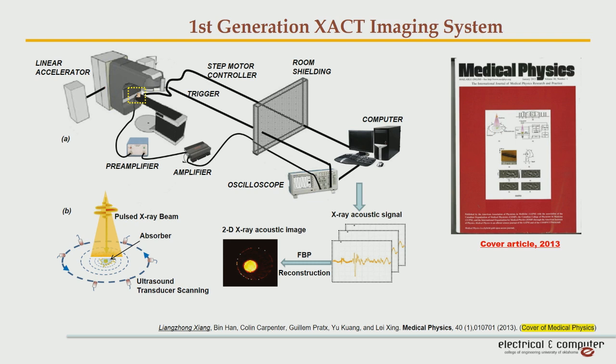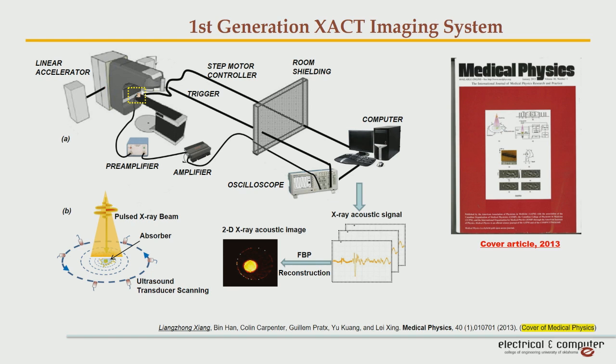In our lab, we built several generations of these X-ray acoustic imaging systems. The first generation was back in 2012, when I was a postdoc in Nations group at Stanford. We were trying to see if we could use this X-ray generated ultrasound signal to monitor the dose. That was the initial goal.